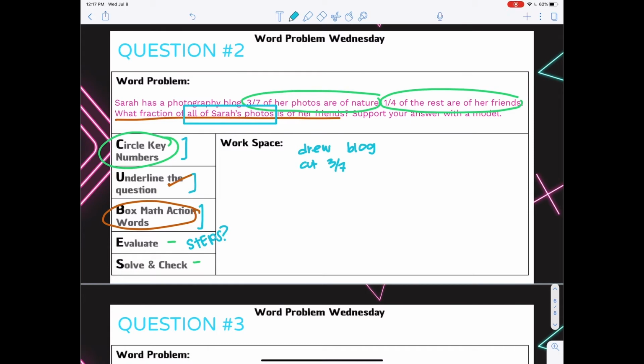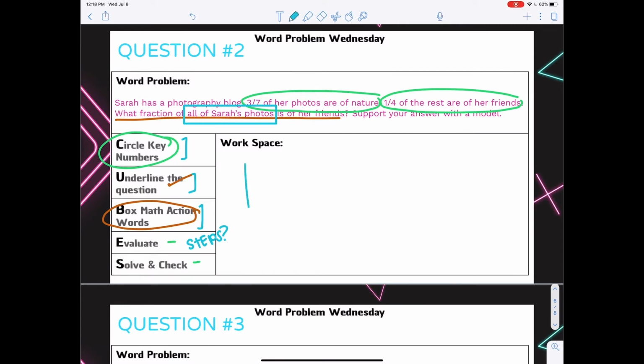I'm going to erase this in just a second. You're going to cut 3/7, and then you're going to cut 1/4 out of the rest of the blog. And that should be what evaluate should have been. We're going to go ahead and jump into S, which is to solve.